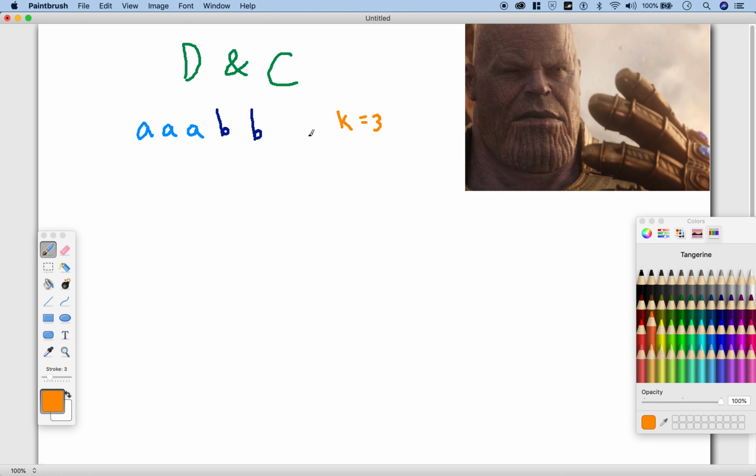Keeping with the Avengers analogy, each different lowercase letter is an infinity stone. And the Avengers need to collect at least k infinity stones from a certain period in time to defeat Thanos. And of course, they want to collect as many stones as possible in order to maximize their chances of defeating Thanos, okay?